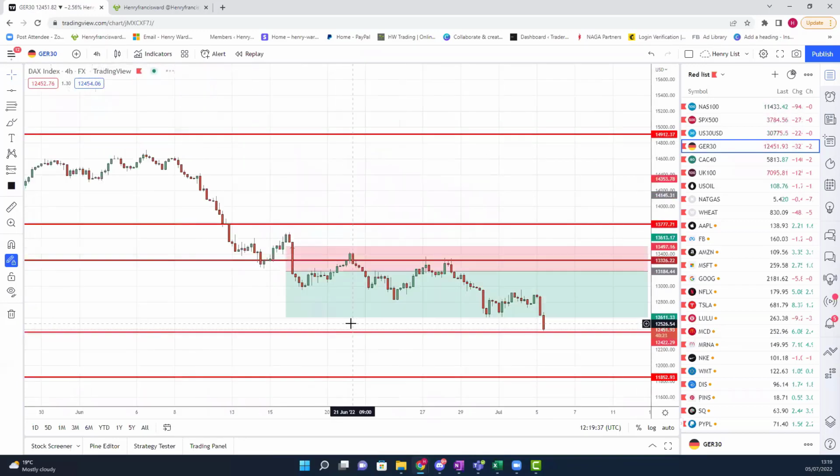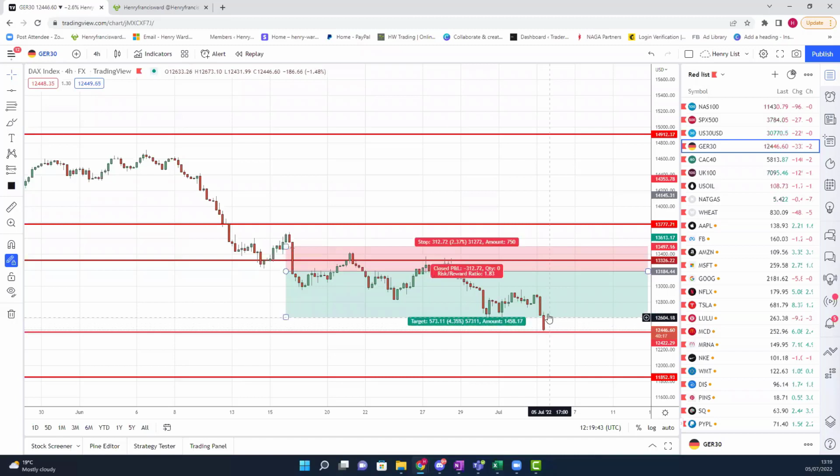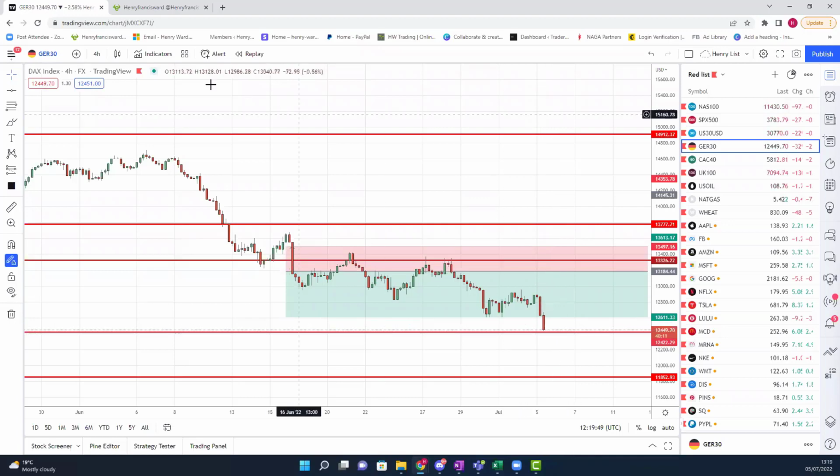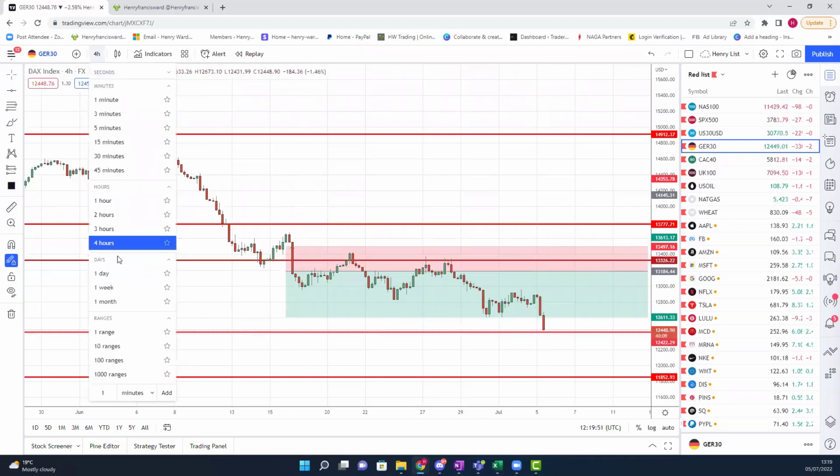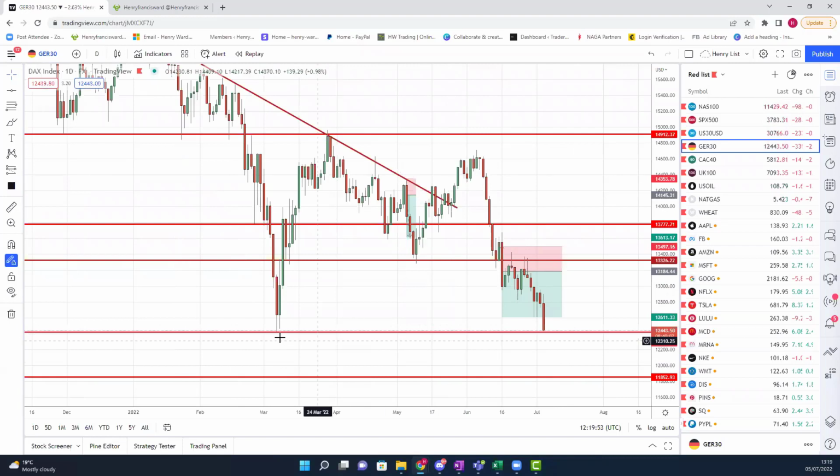Back down to the 4 hour. Again, it's not a great bar either to be buying off of. It'll be interesting to see what happens on the next bar if it's an inside bar there. If it's an inside bar, would you guys be looking to buy off that floor, that double bottom?